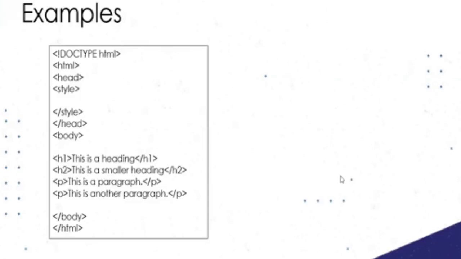How can we do that? H1 and first para. Now let's say H1 and all the paras in this page in color red. How can you do that? Type the code and send.